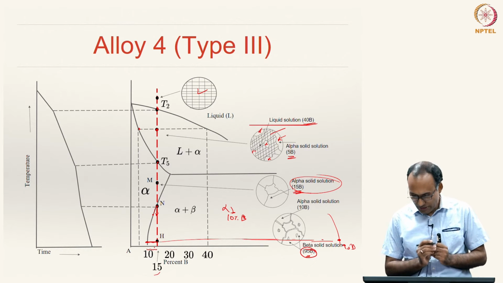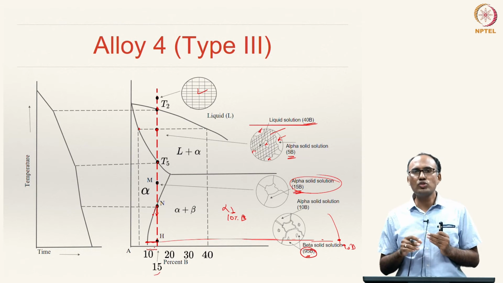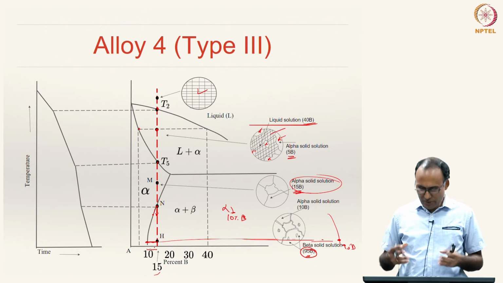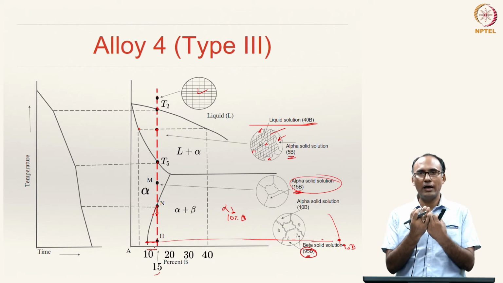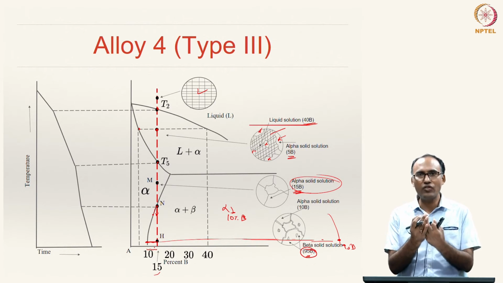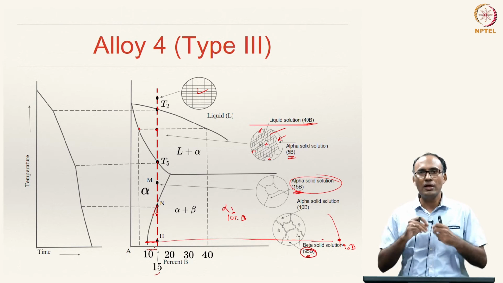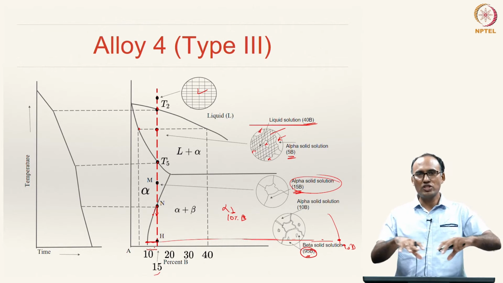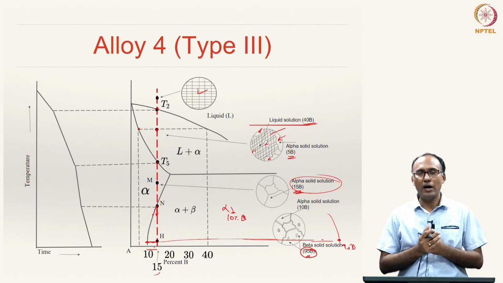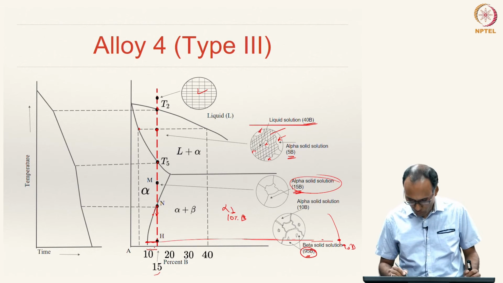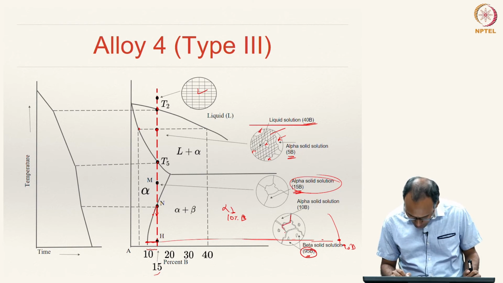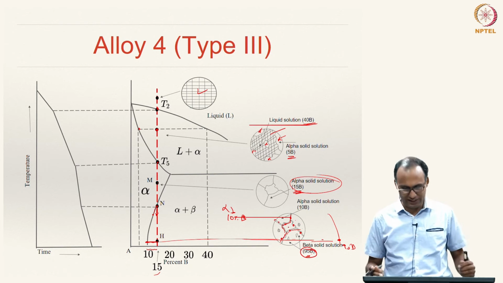The additional B that is sitting in alpha comes out as beta solid solution, and that is randomly distributed throughout the matrix and preferentially along the grain boundaries. So, these are our alpha grain boundaries. You may have beta sitting dispersed along the grain boundaries and also in the matrix.